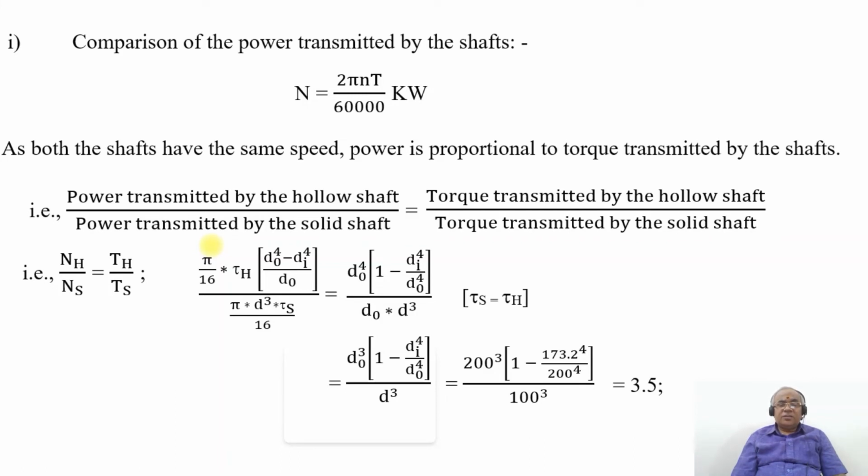On simplification, you get 3.5. Therefore, the power transmitted by the hollow shaft divided by the power transmitted by the solid shaft will have the ratio of 3.5.